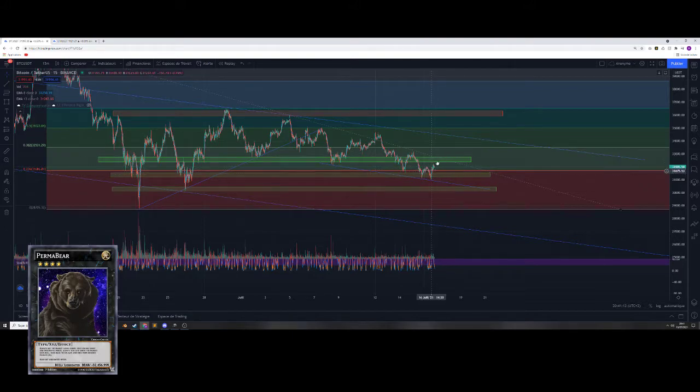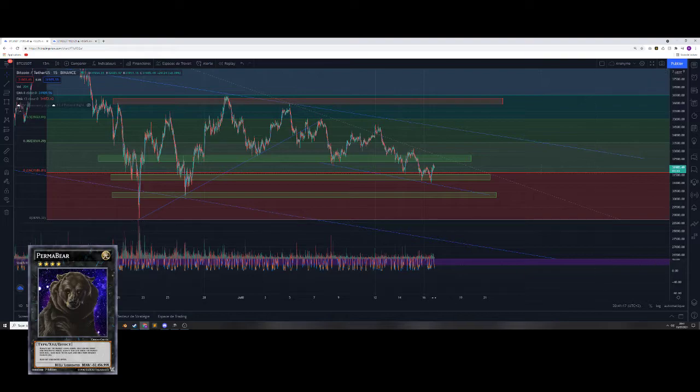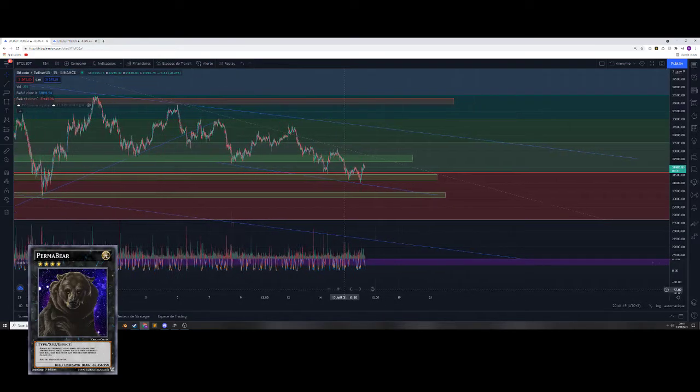We are kind of in the middle of two moves, but the wisest thing would be maybe to just have a pending order at 31k, and another at 30 or 28, something like this.